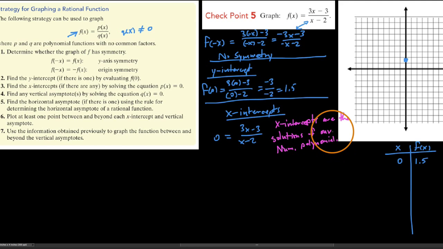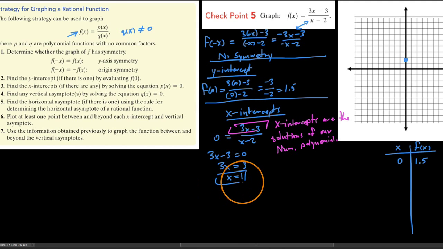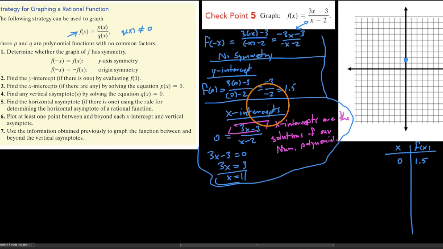What this means is we can just go ahead and set the top equal to 0 and solve for what would cause this to be true. So we have 3x minus 3 equals 0. Adding the 3, we have 3x is 3, and so we determine x equals 1. This is an x-intercept of our graph, and we found it the same way we always do, which is set y equal to 0. Which in this case means we just have to set the top equal to 0. So we know it hits our x-axis at 1 right here.